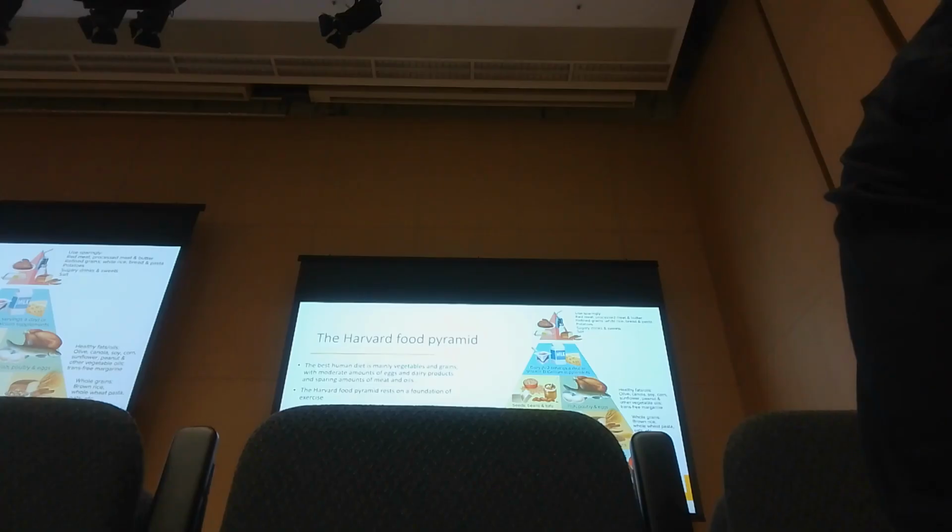Okay, and then we want to take quite a lot of whole grains, vegetables and fruits, which are considered the base of this pyramid. At the bottom are the ones we want to take more. On top of this there will be the fat and oil supply, and then the protein supply.